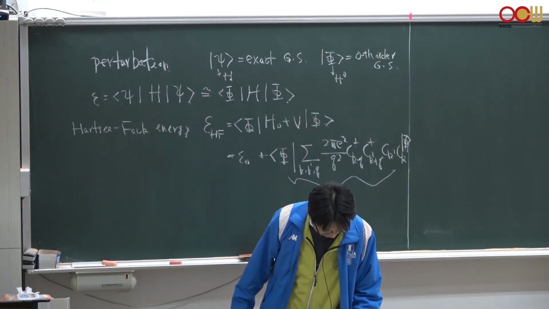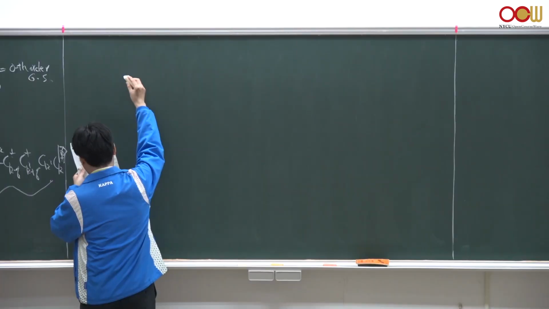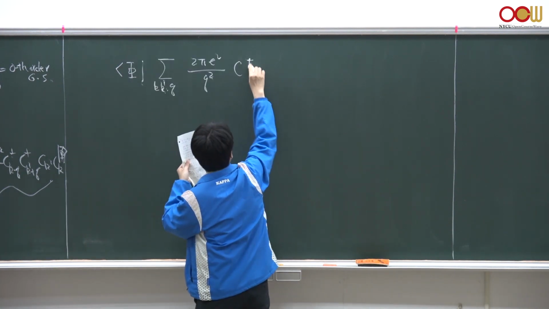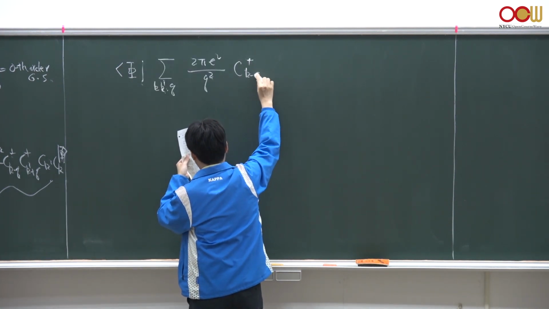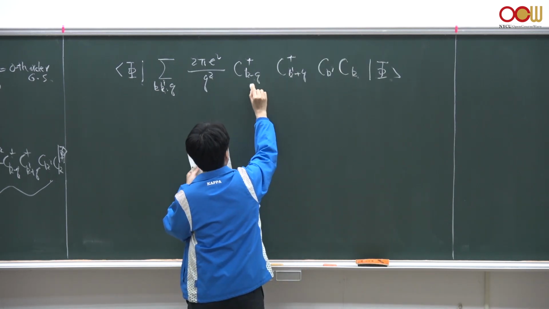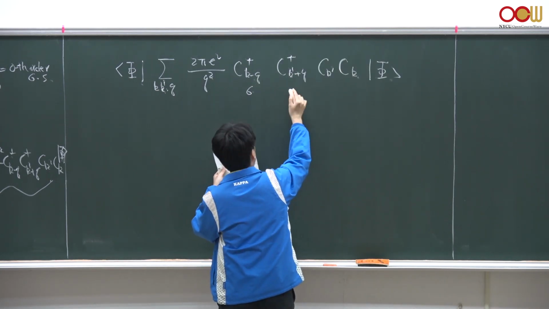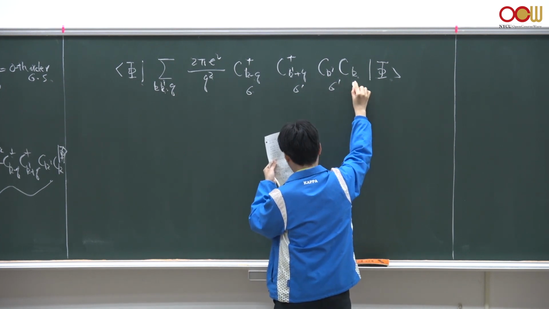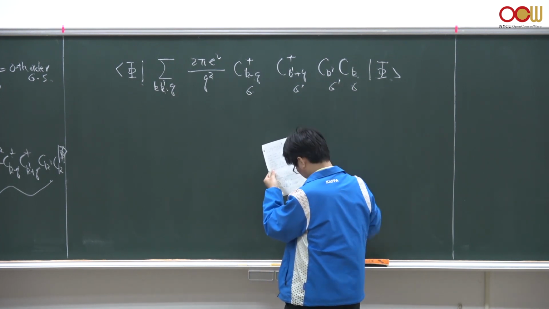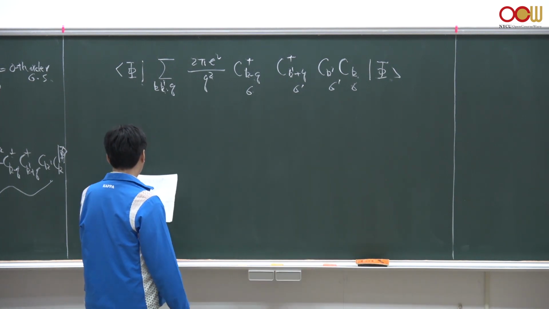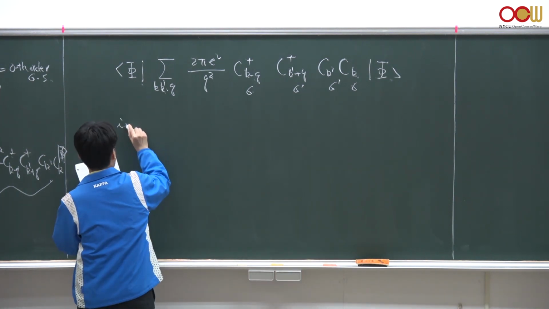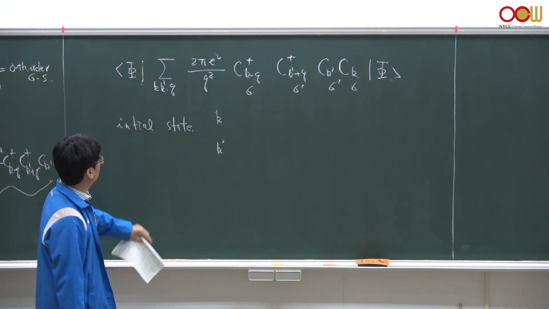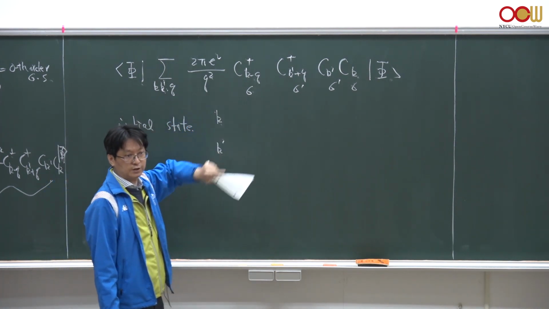So let's just try to do it. To evaluate this, let me repeat this, and suppose I assign spins here, sigma, sigma prime, and sigma prime, and sigma. And let's see what non-zero contributions we can get from this matrix element.